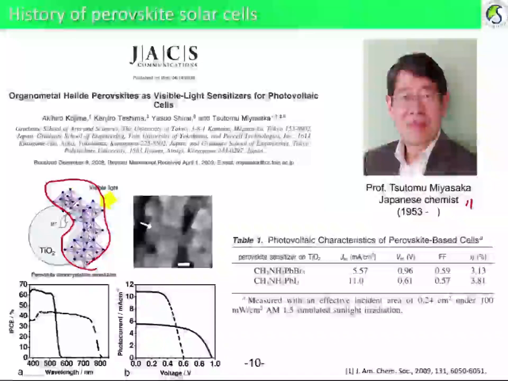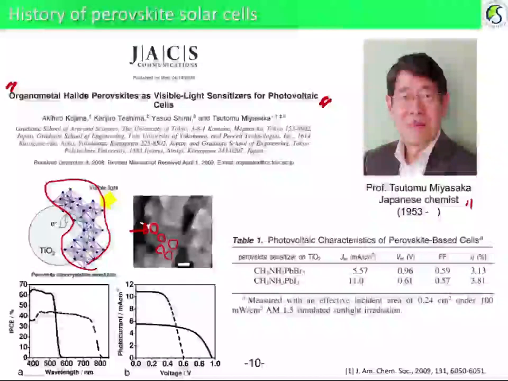So this is the first paper reporting the perovskite solar cells, which was published in JACS. You can see that he formed very small perovskite crystals on the surface of titanium dioxide by solution process.